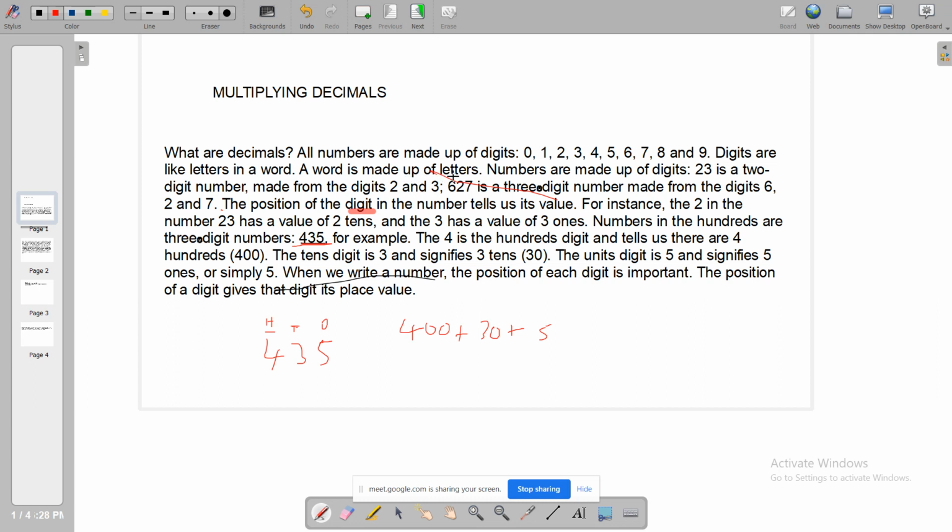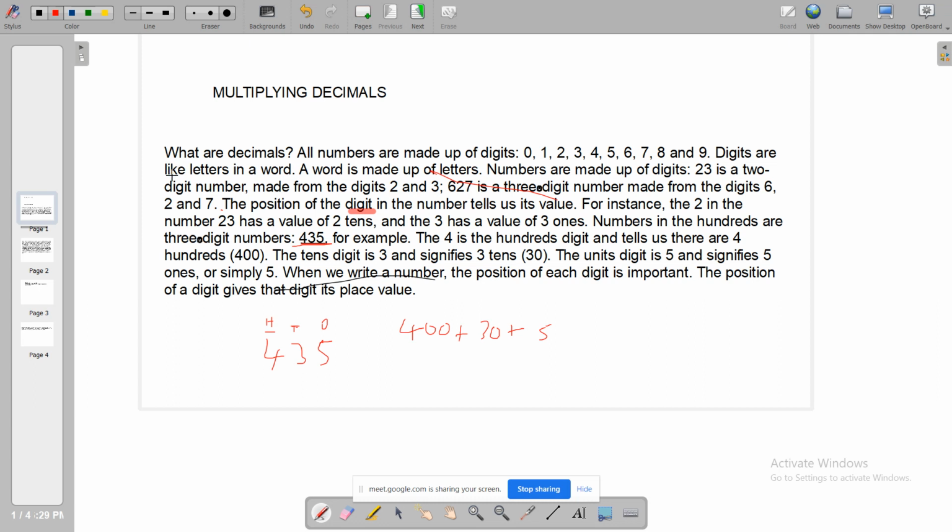So 3 times 1 is 3. Here is tens, here is ones. So 3 ones, 2 tens. That is what it means.